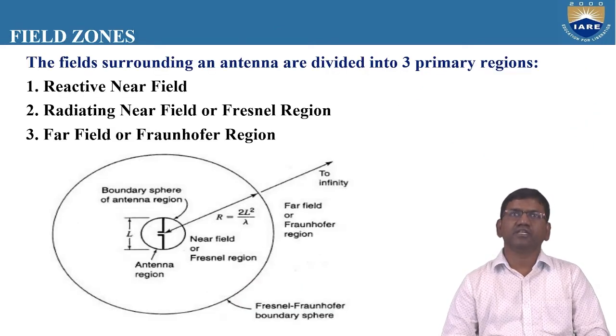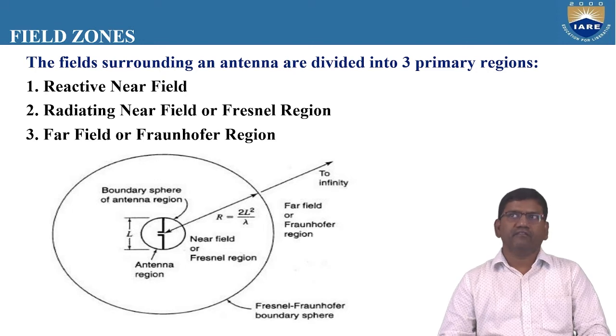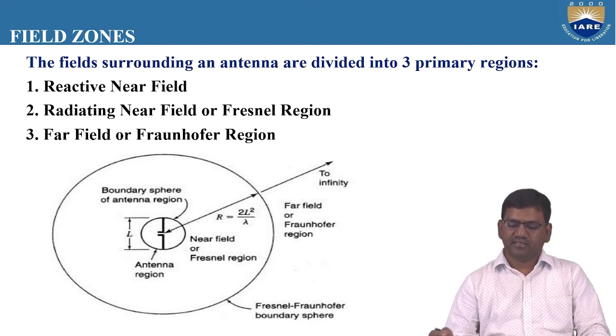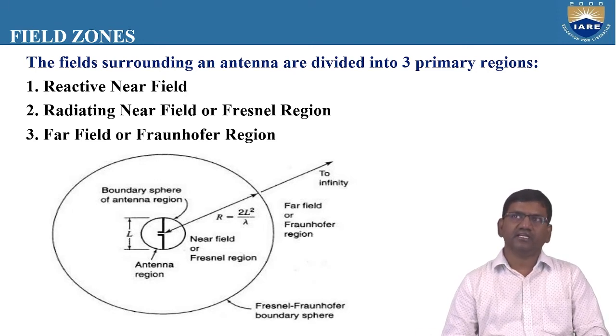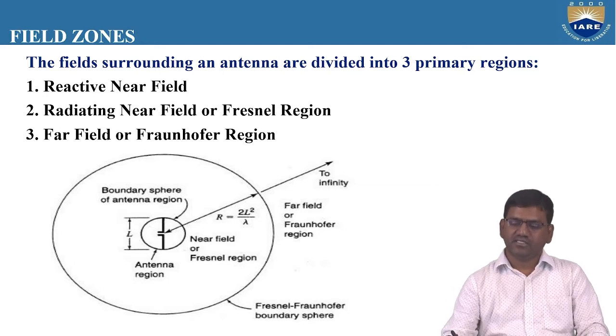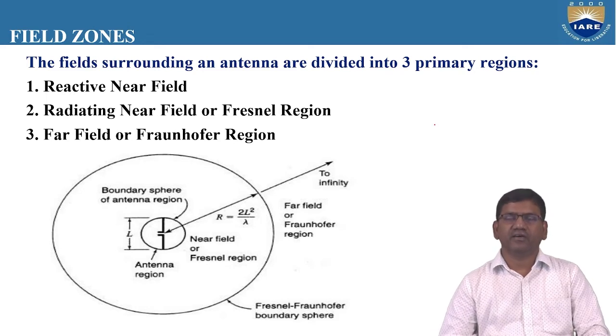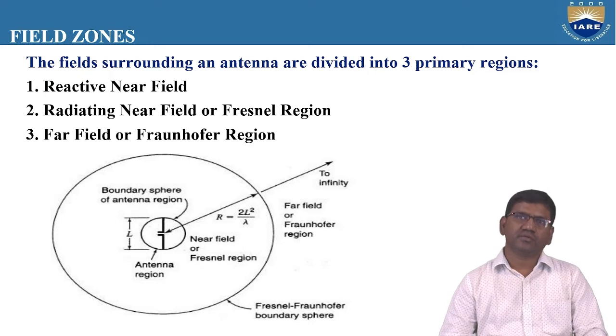So what are these field zones? Whenever an antenna radiates, the radiation pattern will vary with respect to the distance of propagation. The radiation pattern is inversely proportional to the distance.